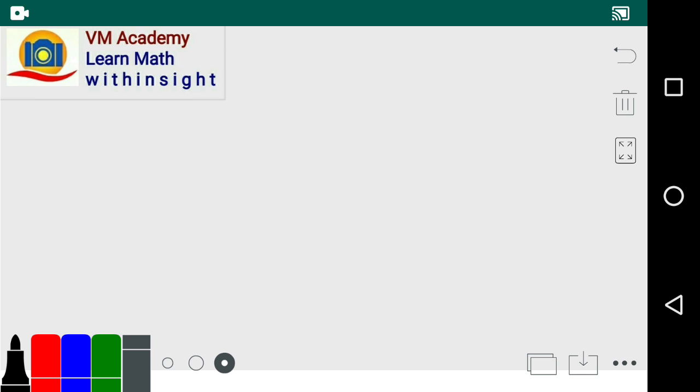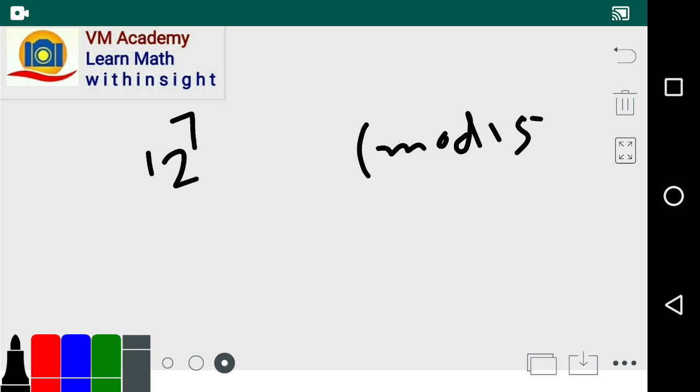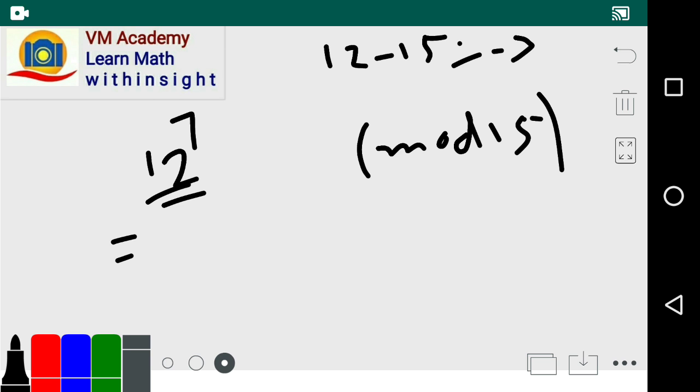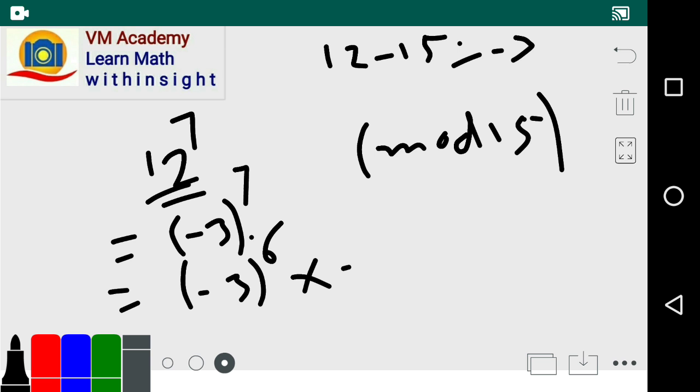Now let us verify it. 12 raised to 7, we calculate mod 15. So 12 can be considered as 12 minus 15, that is minus 3. So it becomes congruent to minus 3 raised to 7. And minus 3 raised to 7 means minus 3 raised to 6 into minus 3.